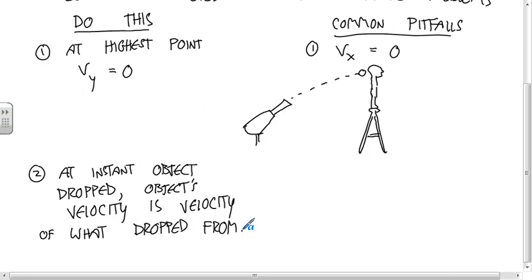If someone is riding on something going really quickly up into the air and they drop an object, it'll start with that upward velocity, so it'll actually go up a little bit before it reaches the highest point and then starts coming back down. That's going to be an important one.